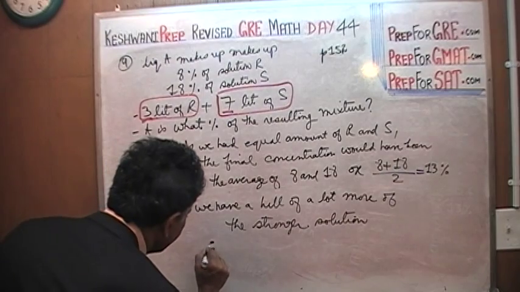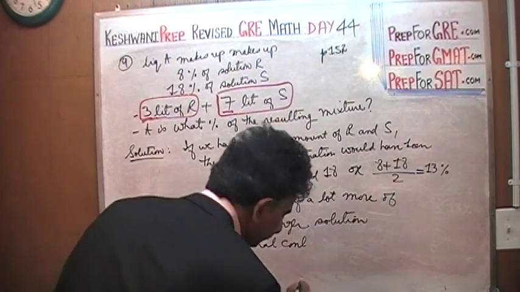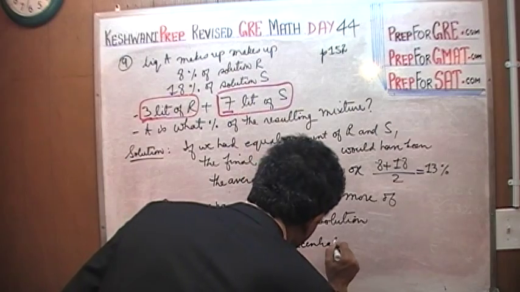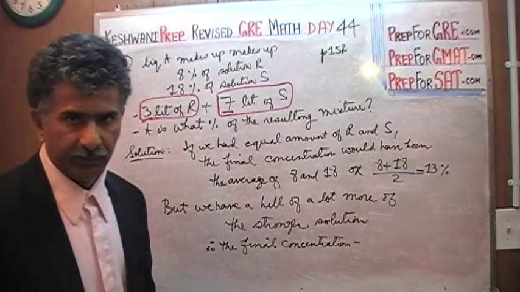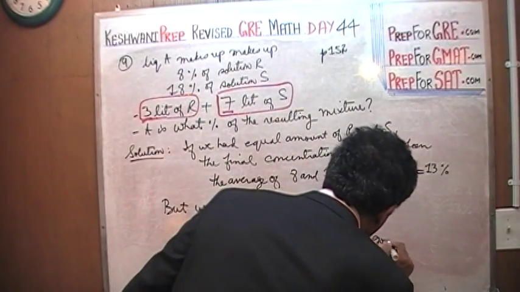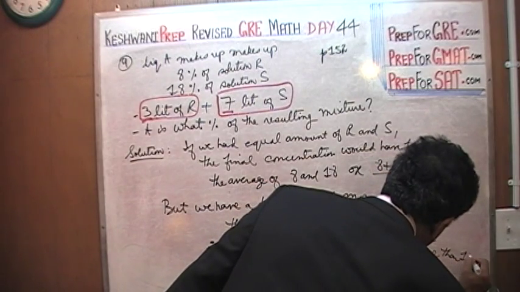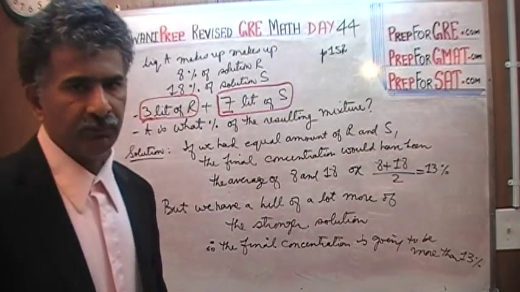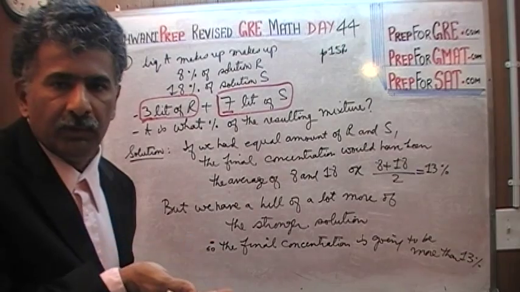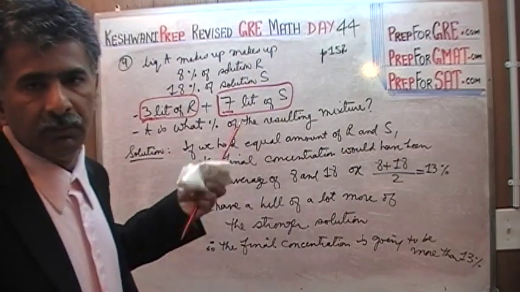Therefore, the final concentration is going to be more than 13%. The final concentration could not be less than 13%. 13% would have been the final concentration if we had equal amounts of R and S. We have a lot more of S; the ratio is 3 to 7. It's got to be more than 13.